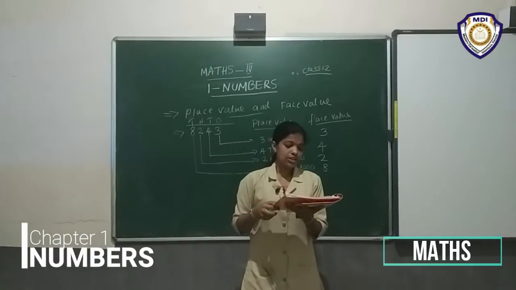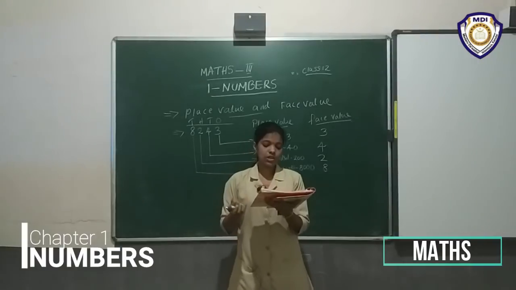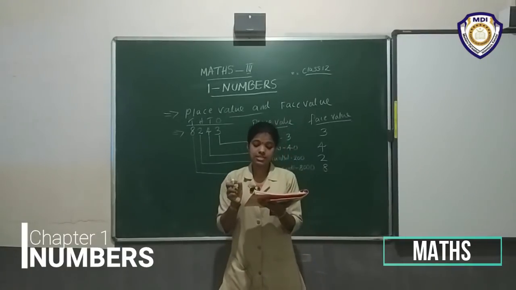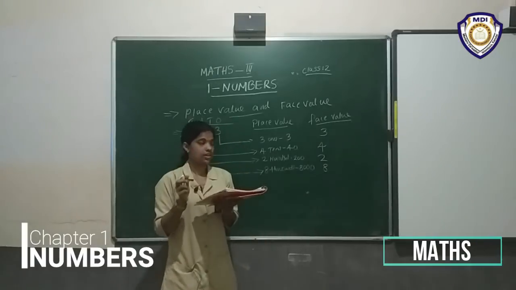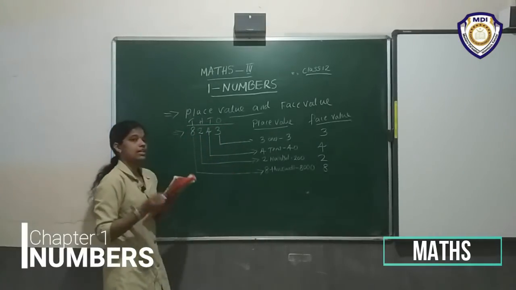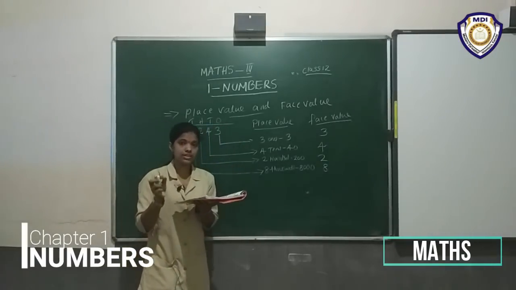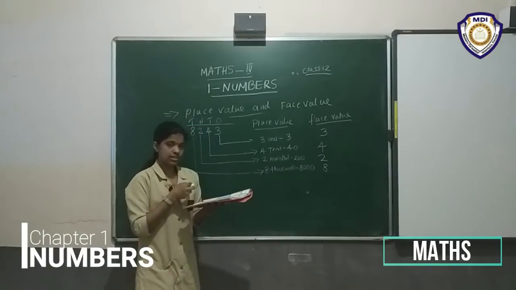Listen here. Now find out the place value and the face value of 8 in 9827.